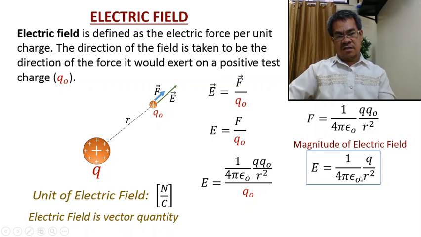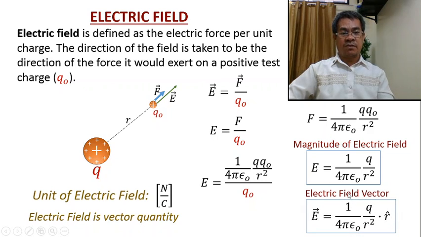If you evaluate the unit of this formula, you will still arrive at Newton per Coulomb. Remember, 1 over 4 pi permittivity is 9 times 10 raised to 9 Newton meter squared per Coulomb squared. So it will come up with Newton per Coulomb. This is only the magnitude, and the vector form must be what?